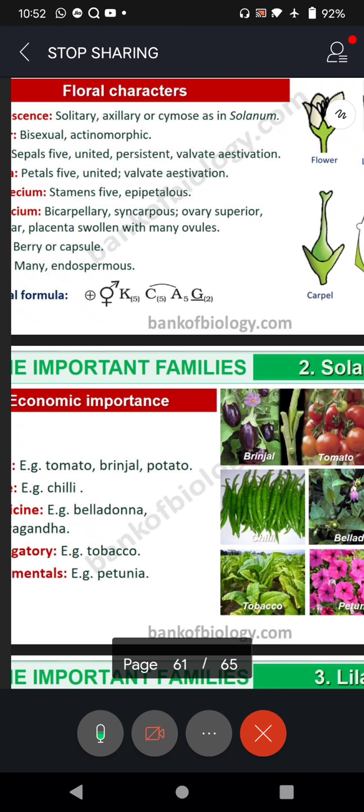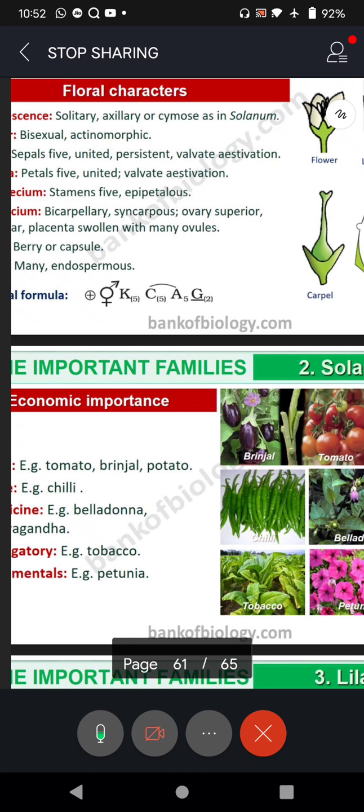Then comes C. C for corolla. Corolla is the group of petals, very colorful petals. How many are there in this Solanaceae? Like all of you have seen a brinjal flower in your own home, tomato. So you just count today. If you get it in your field, 5 will be there. They are united.